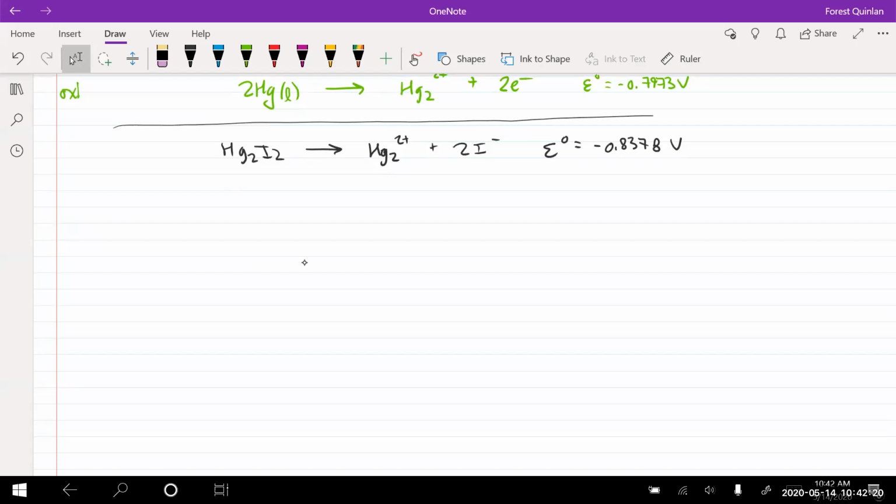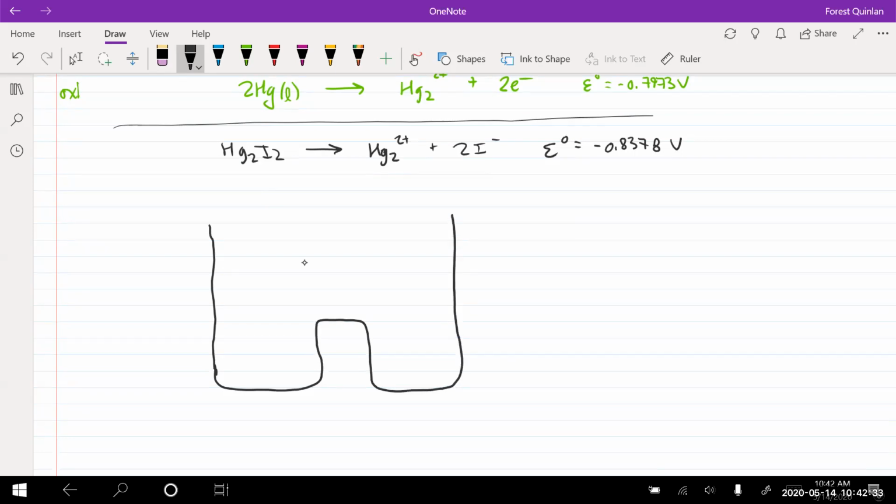I want to go ahead and build this real quick, though, just because I think this is a cool one to see. So I'll just arbitrarily put these guys here.